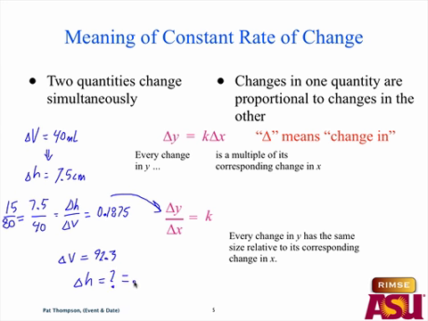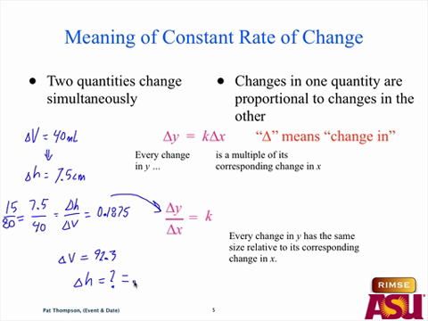How would I calculate the change in height? So I'm changing the volume, I'm adding 92.3 milliliters to the bottle. How would you calculate, not what's the answer, but how would you calculate the change in height? If changes in height are always 0.1875 relative to changes in volume, then how would you calculate the change in height? Just multiply it.